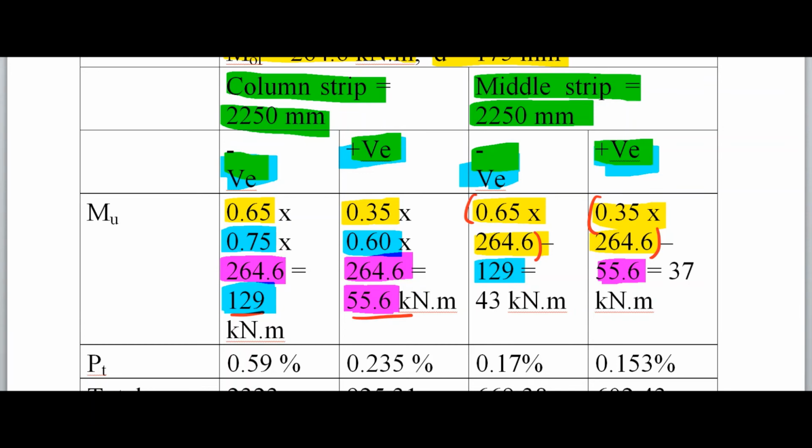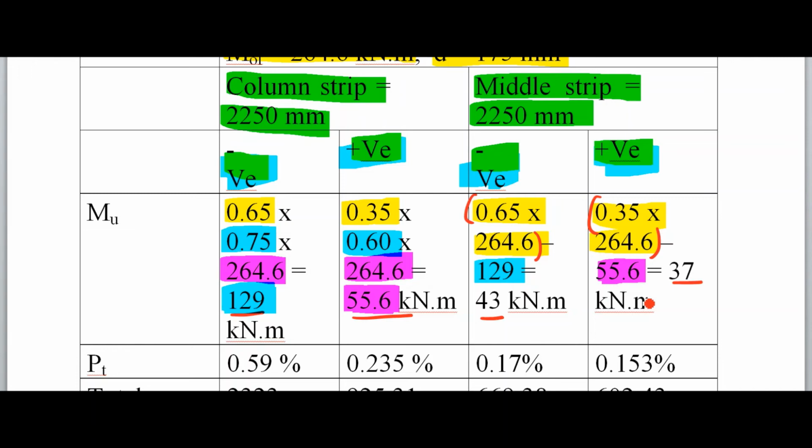Then we get a moment of 43 kilonewton meter and 37 kilonewton meter. So these are the moment calculations along the longer direction for the column strip as well as the middle strip.